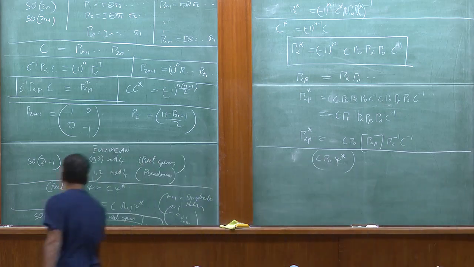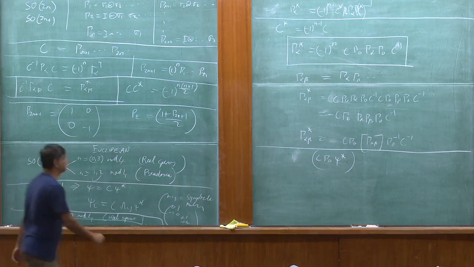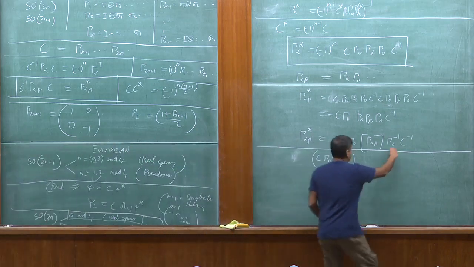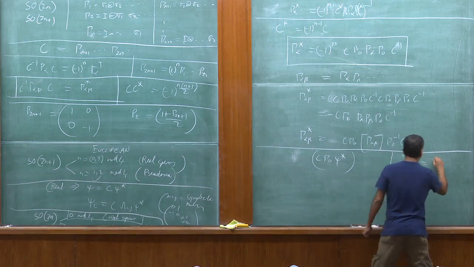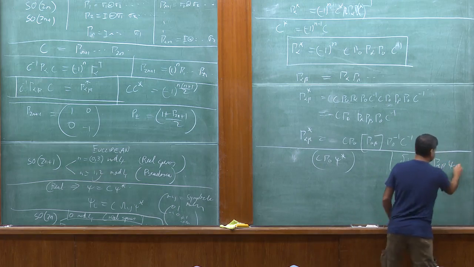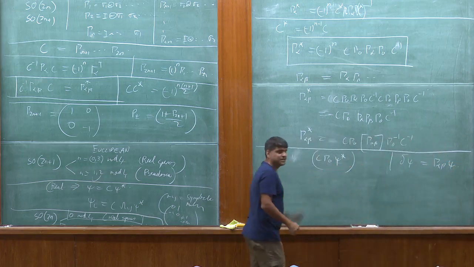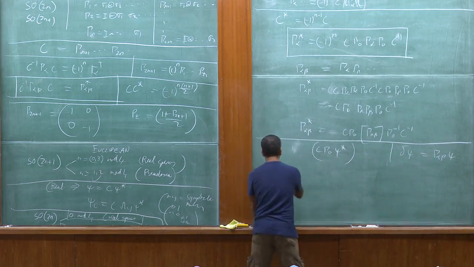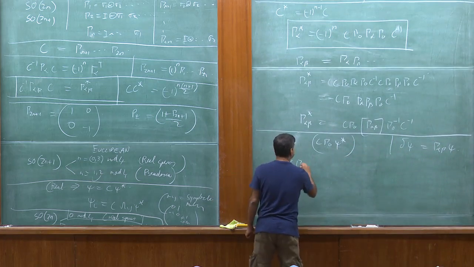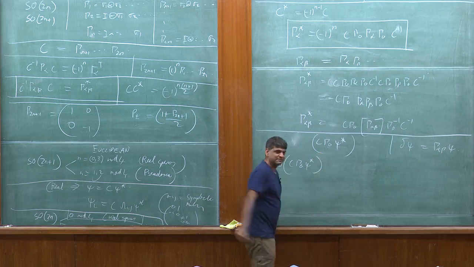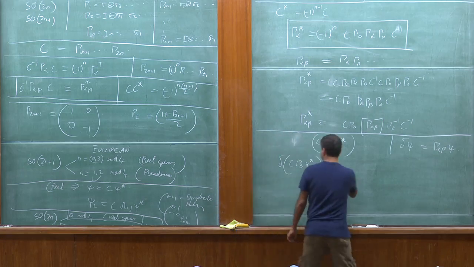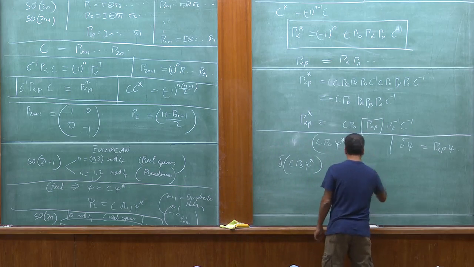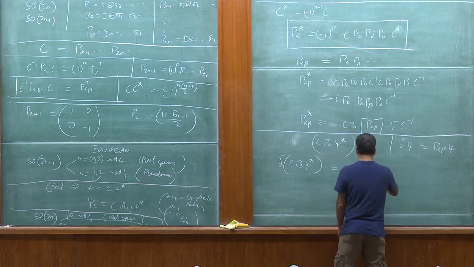So let's look at this quantity. How does it transform? So remember that delta of psi was equal to gamma alpha beta psi. That's how psi transforms under an SO(D) transformation. So we want to know what is delta of C gamma 0 psi star. So that is the same thing as C gamma 0 by definition, gamma alpha beta star psi star.